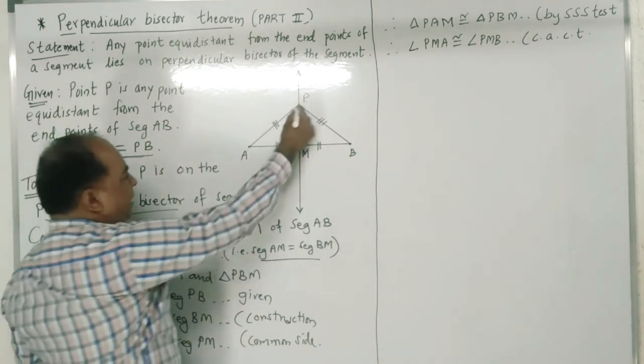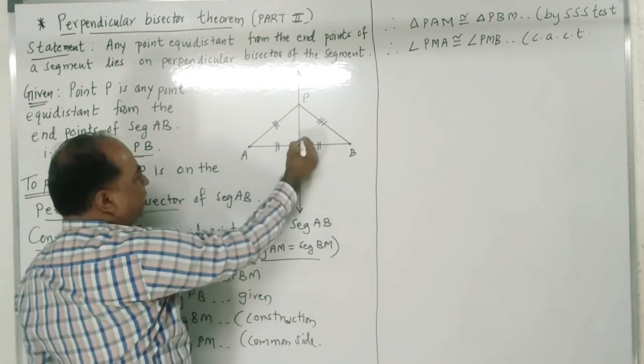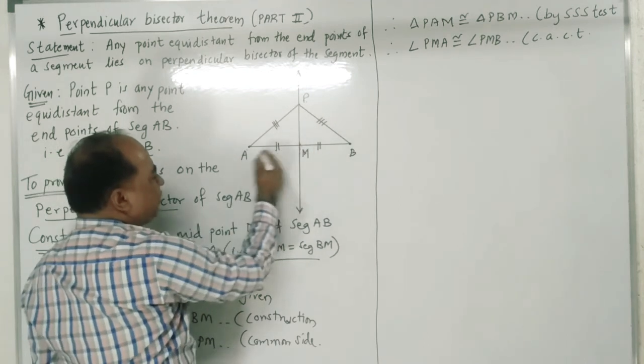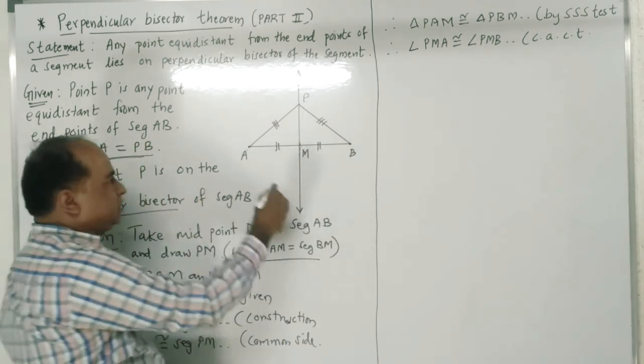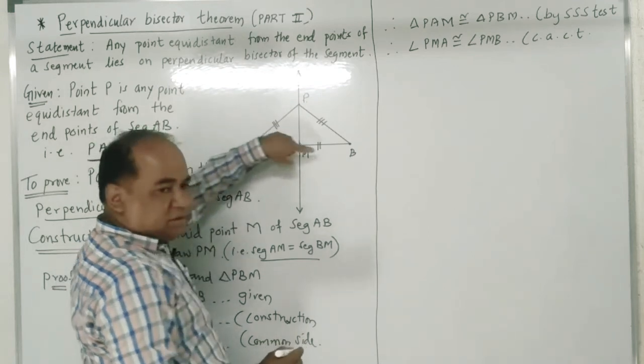Now angle PMA and angle PMB are on the straight line AB, so they are angles in a linear pair.